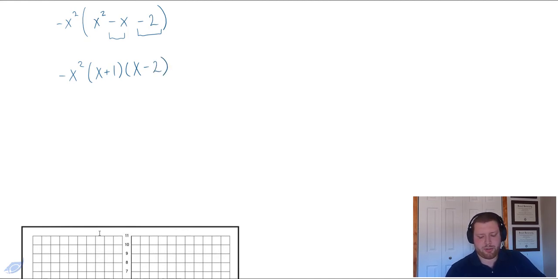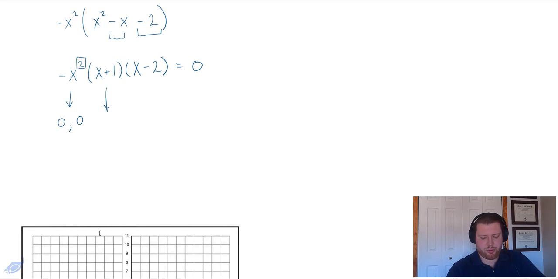Now all we're going to do is set each of these terms equal to 0 and get our roots that way. I'm seeing this negative x squared. In order for that term to be 0, x has to be 0. But there's this 2 here, which means it's a double root. So it's actually 0 and 0.